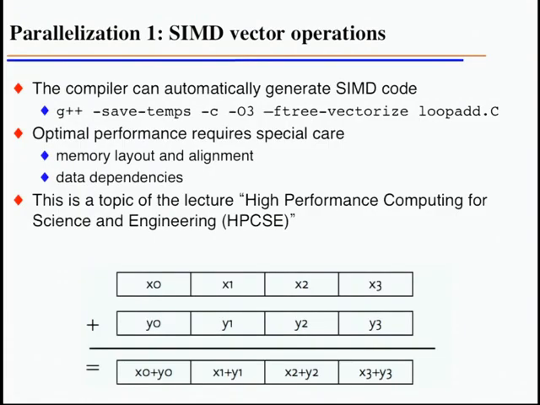Right. So we saw that the compiler can generate SIMD code. Unfortunately, to generate optimal performance code, that requires a lot more care. You saw this whole bunch of move operations for loading and storing the values from the memory into the registers and back.